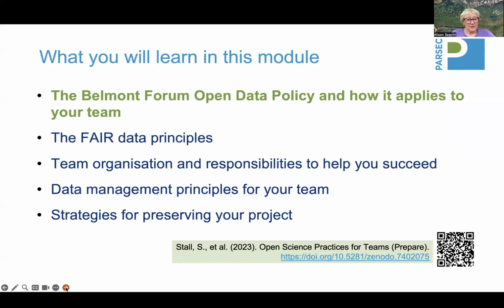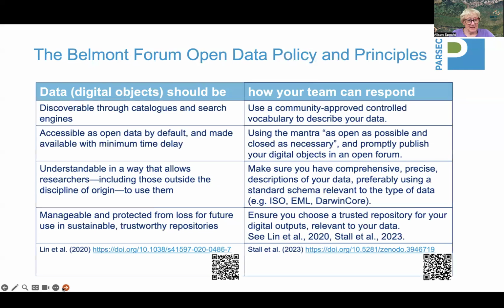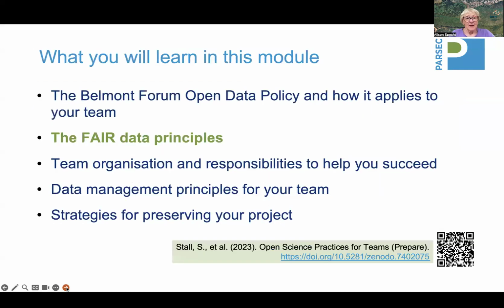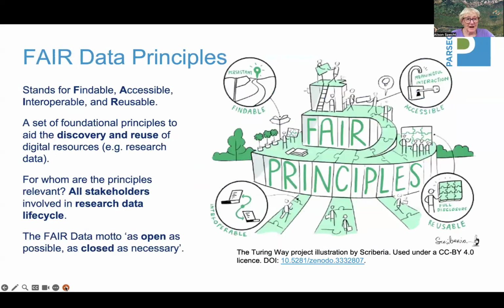Now, the next thing is the FAIR data principles. Now, the FAIR data principles are, well, delightful. They have organized a lot of things people were talking about over quite a few years about how data could be more useful. If you're going to publish data, what do you have to do?